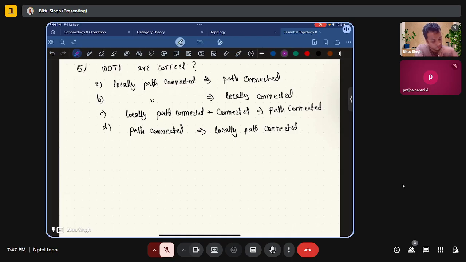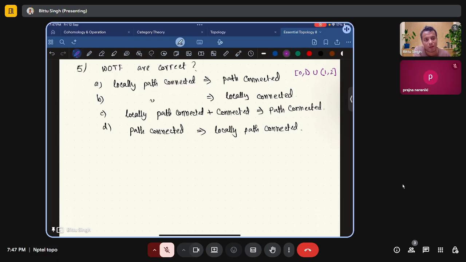I will create a locally path connected space which is not path connected. So take this space: closed 0 open 1 union open 1 closed 2. So you can see this is locally path connected by the same argument. Whatever point you choose, there exists a connected neighborhood.